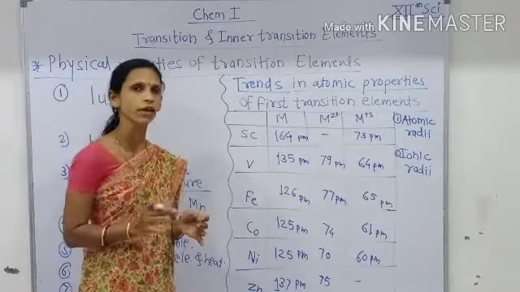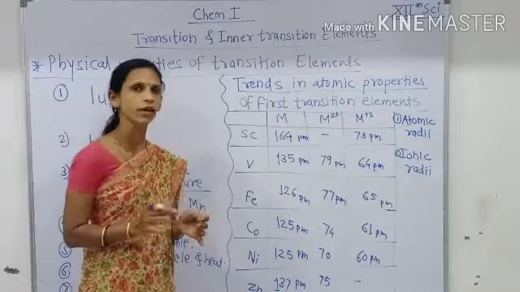See here, atomic radii decrease from scandium to nickel, and there is a sudden increase in the atomic radius of zinc. There is some variation. It is because zinc possesses 3d10 electrons, that is a completely filled 3d orbital.